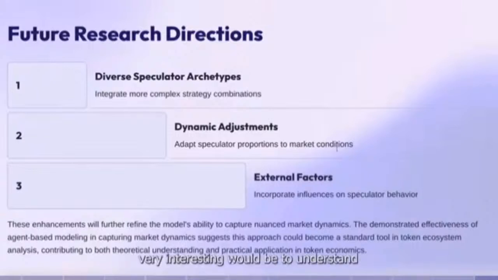Something which I also find very interesting would be to understand what the different mixes of speculators are that can lead to particular behavior. So we can use this process against price dynamics and say, it looks like this is the kind of speculator mix that is perhaps taking place at the Link token, and there's another speculator mix for Bitcoin, and so on and so forth.